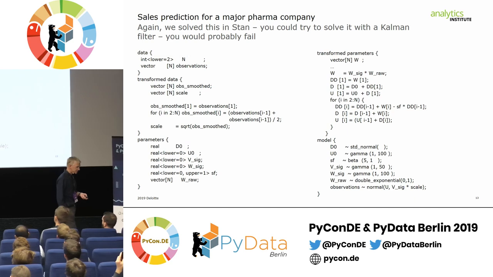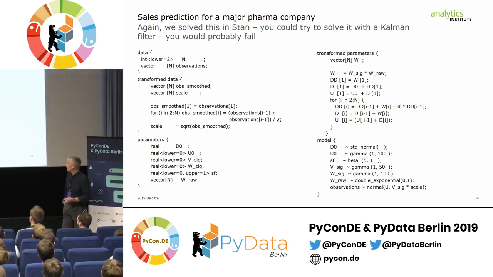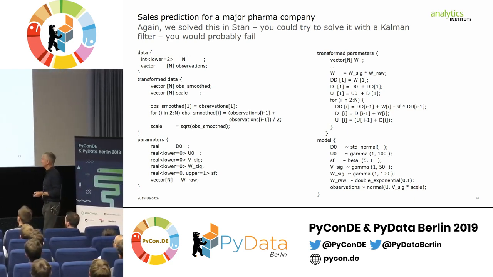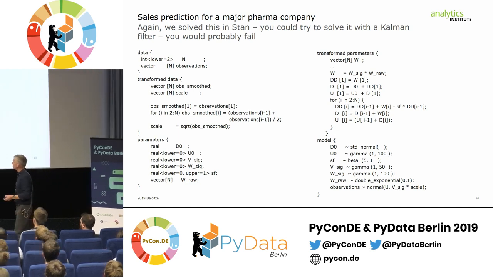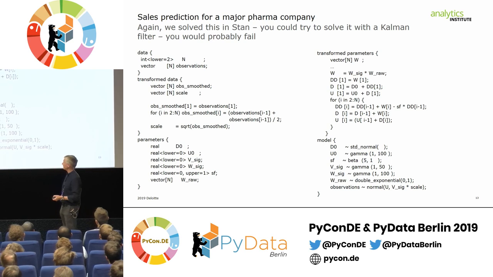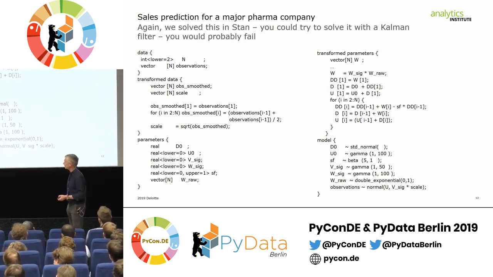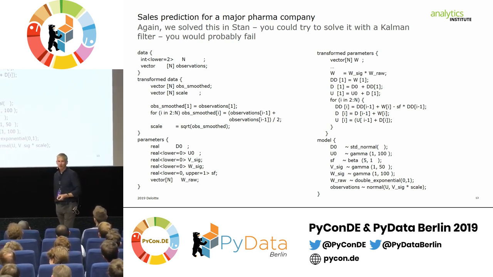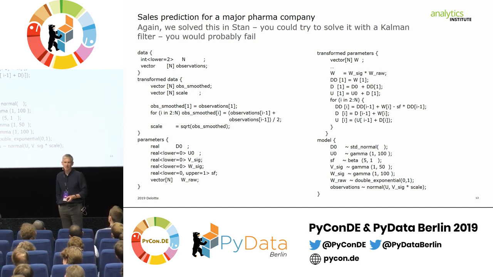You would need to calibrate it. The calibration is too complicated, etc. So this is a purely practical observation. I don't have any theoretical arguments to back this up, but I think it would be very, very hard to solve a model like this without using a tool like Stan.